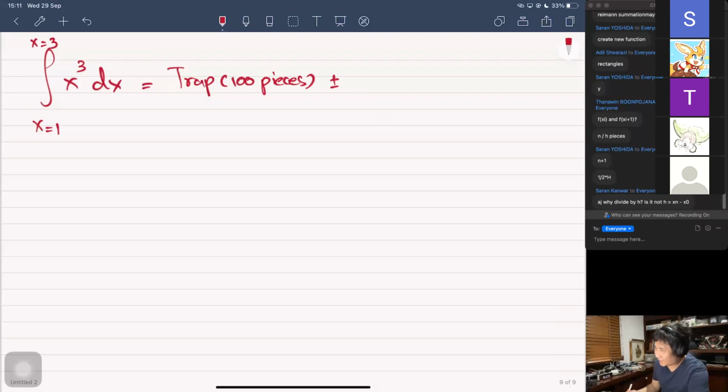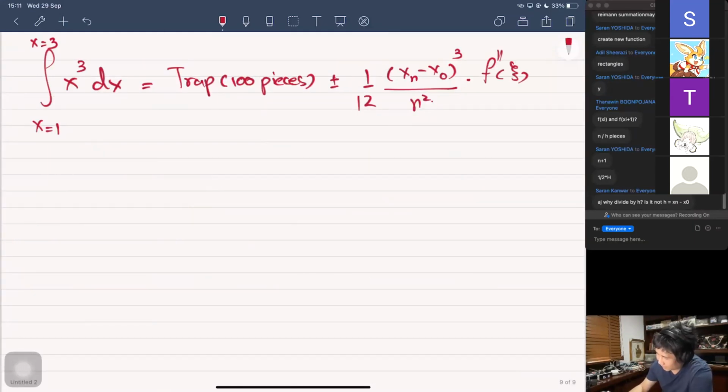And we learned that this is essentially the formula that I gave you here, 1 over 12 times xn minus x0 cubed, divided by n squared, times f double prime of c, for some c in x0 and xn.